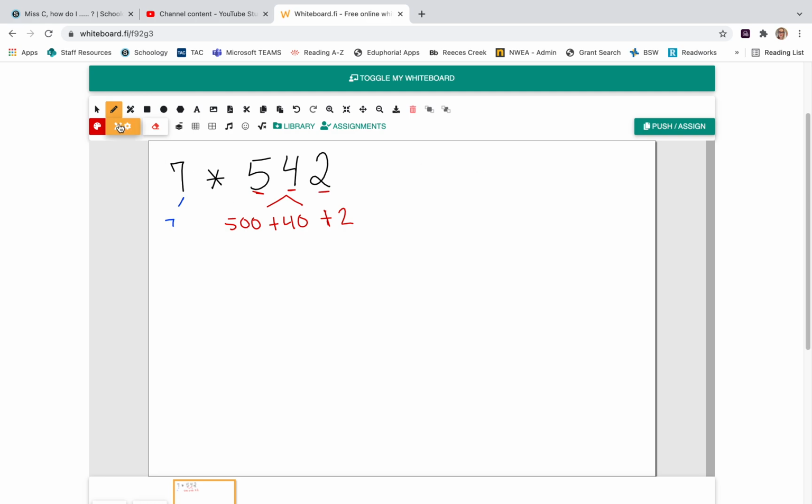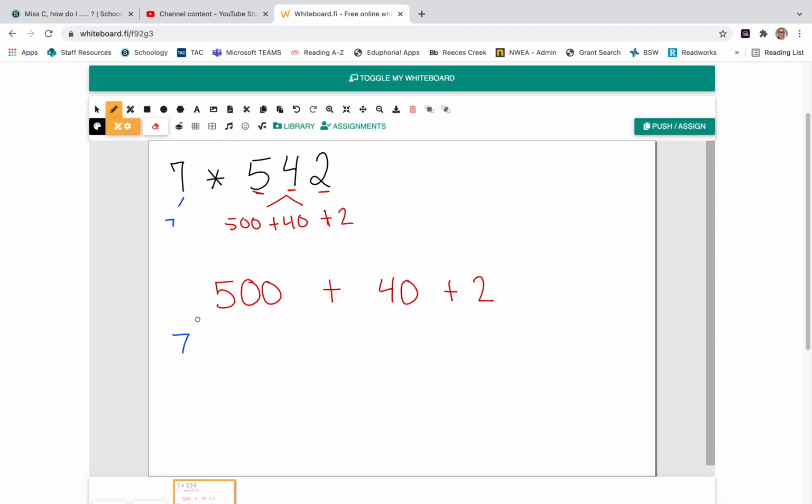So now remember we need to line up our numbers. I like to put my biggest number on top just because it's more aesthetically pleasing to me personally. And my 7, of course, goes on the side.